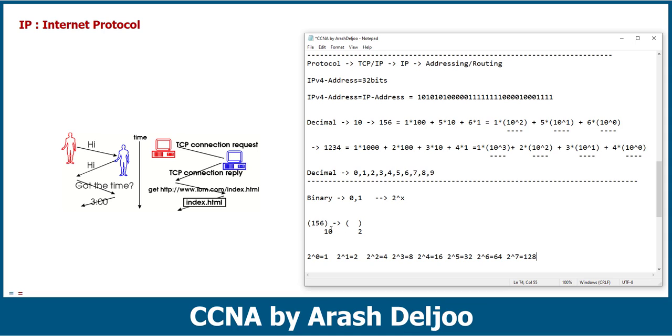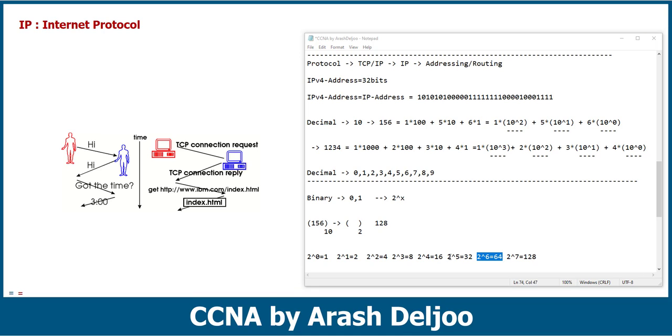Okay, how can you write the 156 in the power of 2? For example, we can say 156 equals 128, which means 2 to the power of 7. We don't use 2 to the power of 6 because if you add this value to the 128 you have a bigger value than 156.